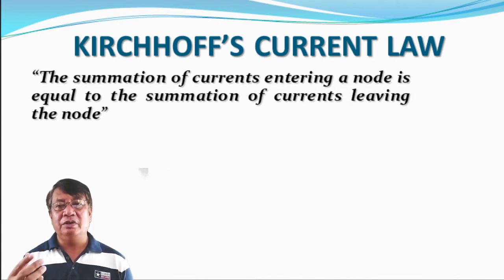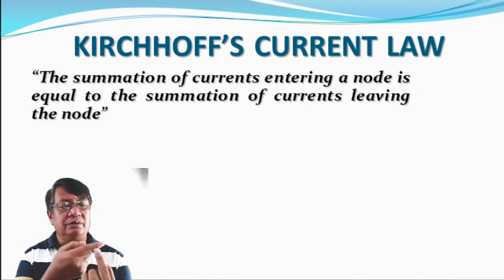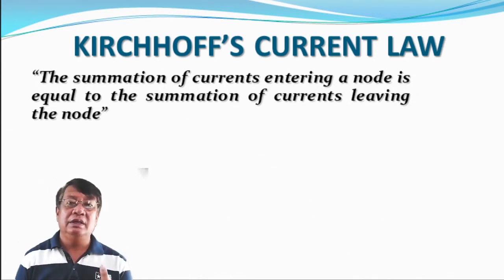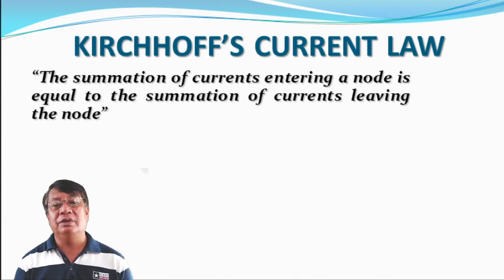So for example, if this is the node, then the current entering this node is equal to the current leaving this node. So the summation of the current at any point or any junction is always equal to 0.